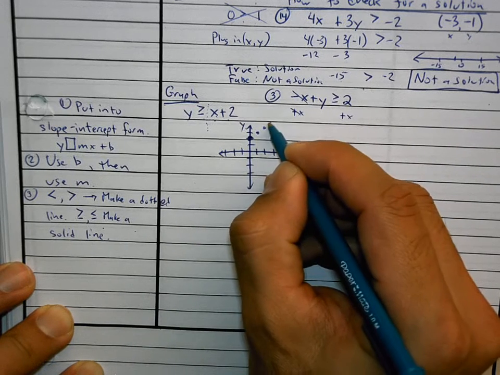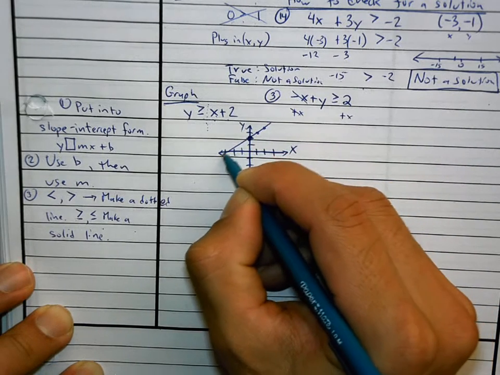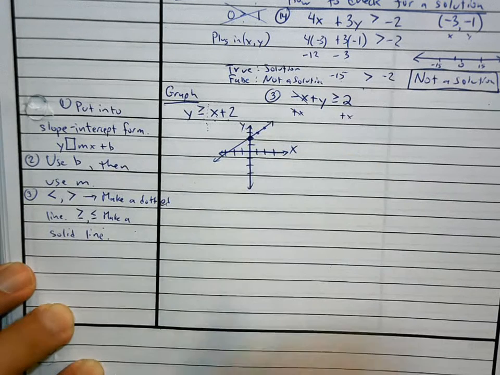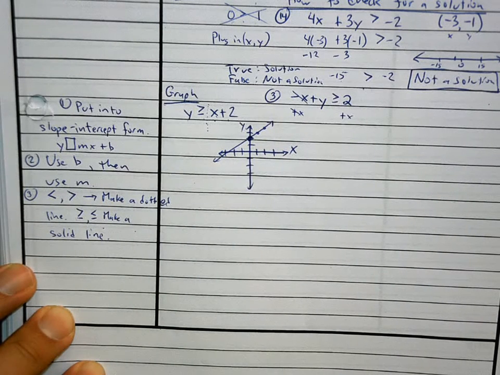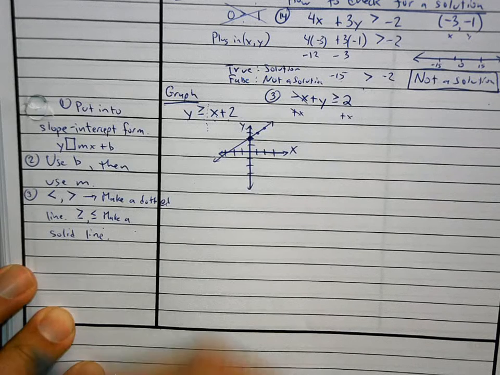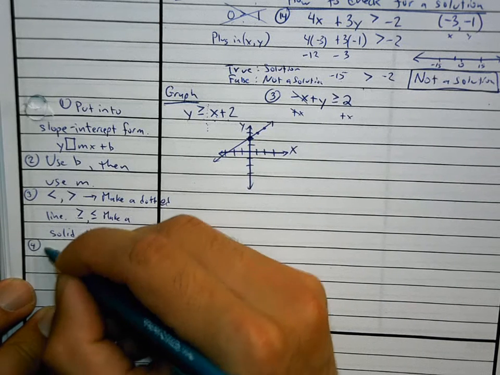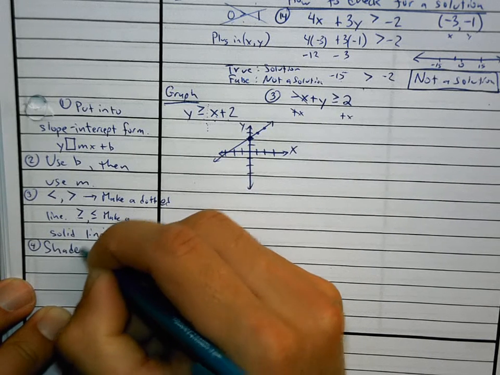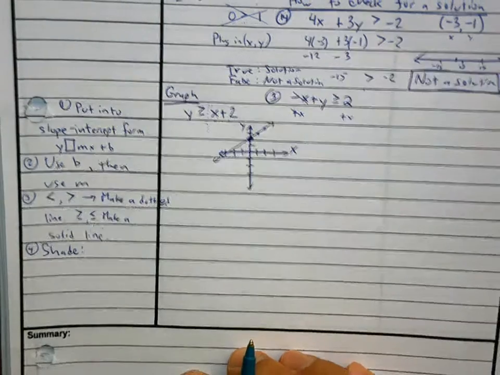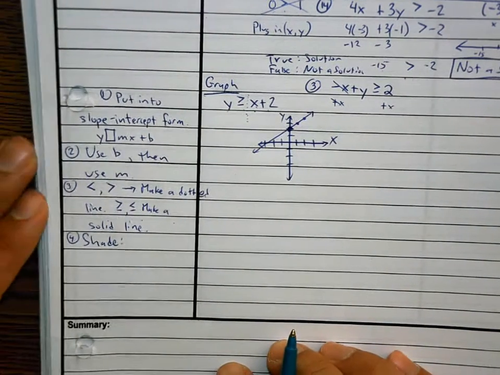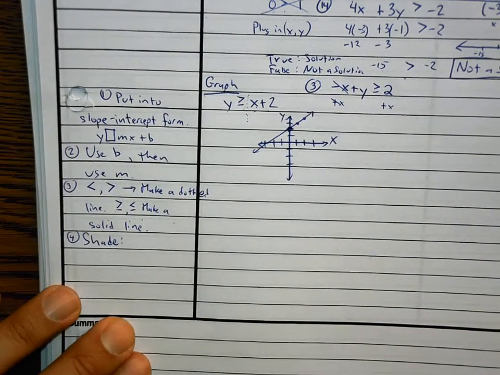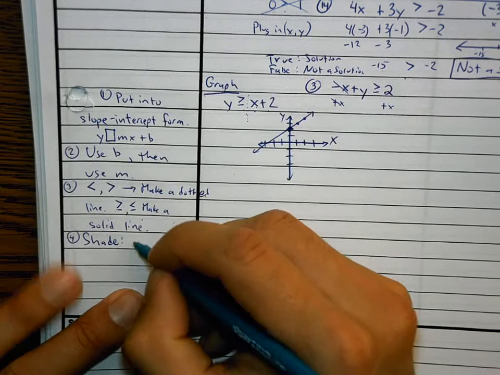So I'm going to draw my solid line. And then we're going to have to shade. How do I shade? You have to test a point.